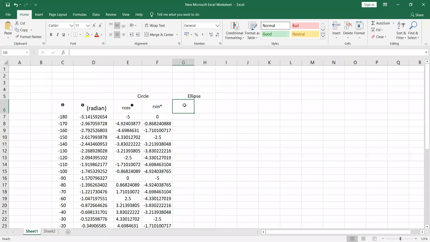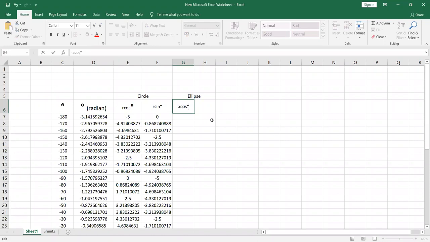So there are two axes, major axis and minor axis, in an ellipse. In the first column for ellipse we have to write a cos theta, like this. Select the value of theta, copy this symbol and paste here.